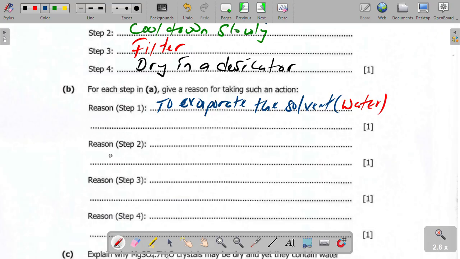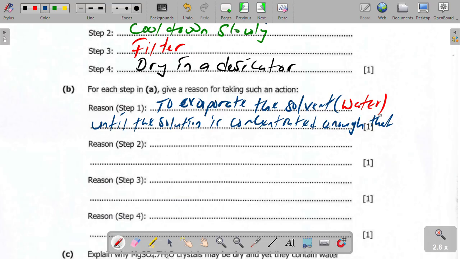To evaporate the solvent until the solution is concentrated enough that crystals will begin to form upon cooling.